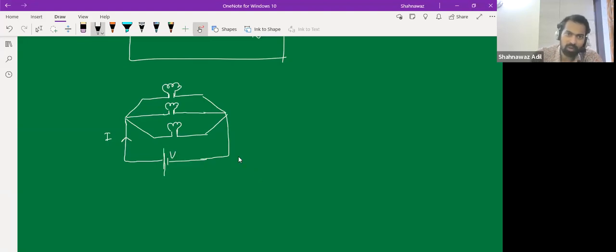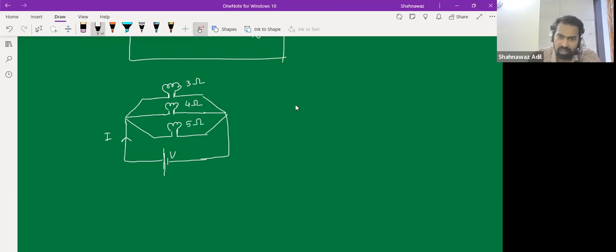This is one combination, and these resistances are R1, R2, R3. Let me write out the numbers: let's say this is 3 ohm, this is 4 ohm, and this is 5 ohm.